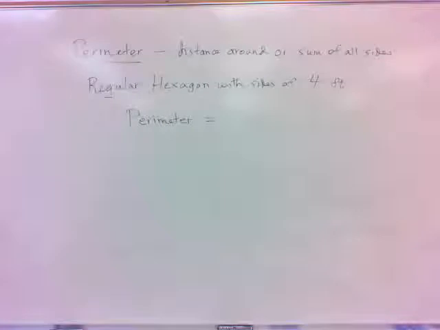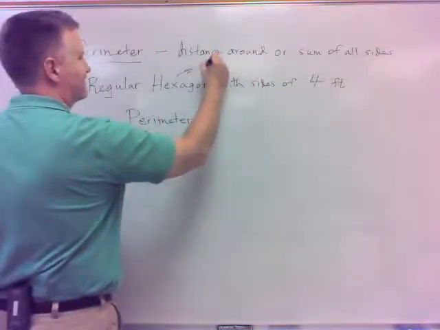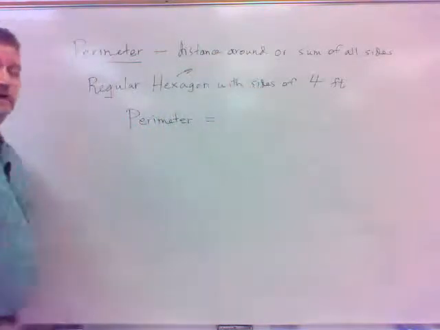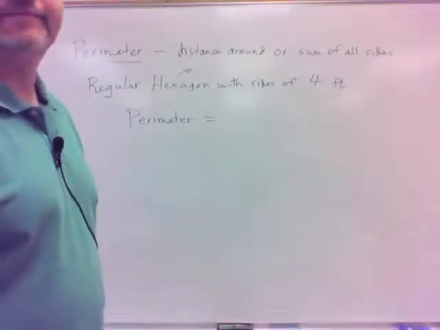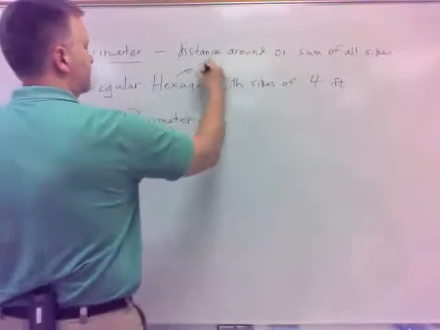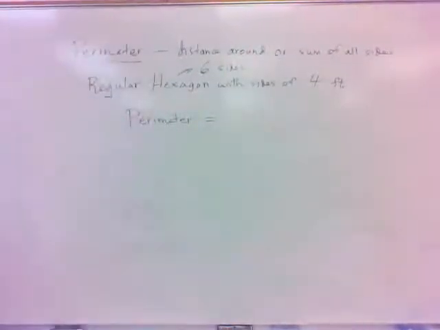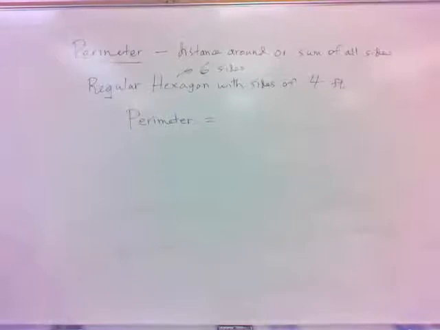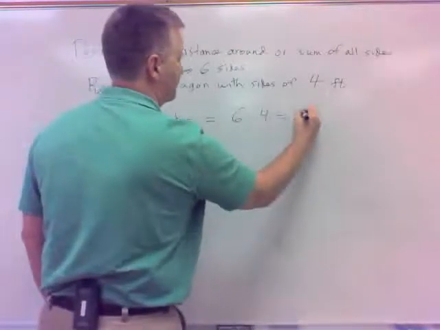Well, the key ingredient there is it's a hexagon, so how many sides is that? Hexagon? You don't know your pentagons? 6 sides. Six sides on the hexagon, so what's the perimeter? Well, you do 4 feet 6 times, right? 6 times 4, 24.